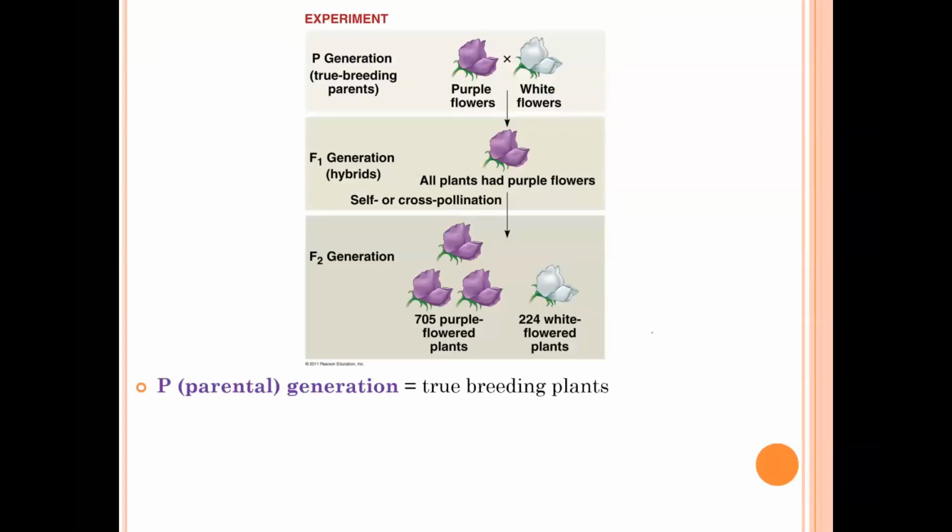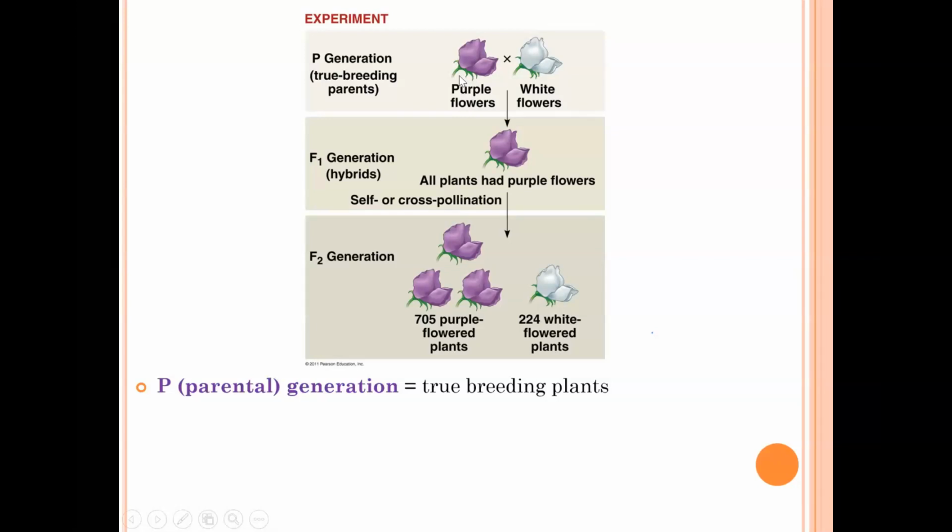All right, so the P generation are your true breeding parents. So they're the ones that he starts with. What we mean by true breeding is this purple flower only has genes for purple. This purple flower got two sets, right?